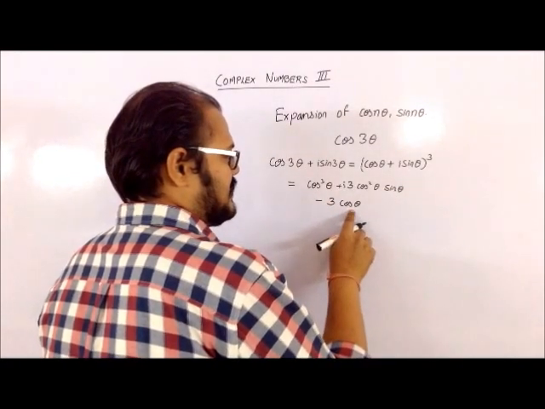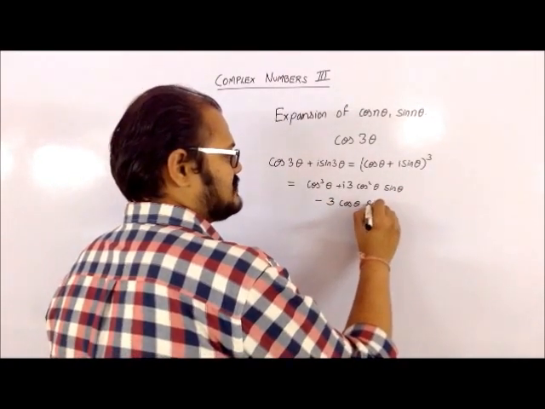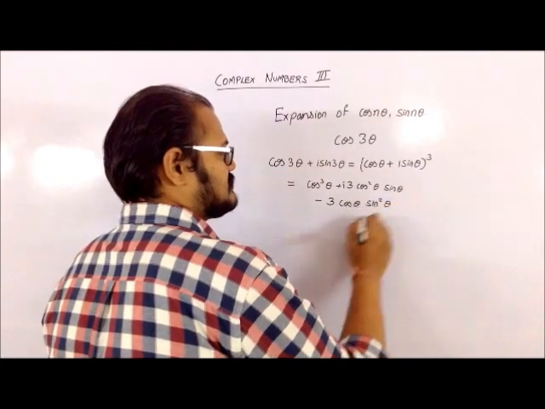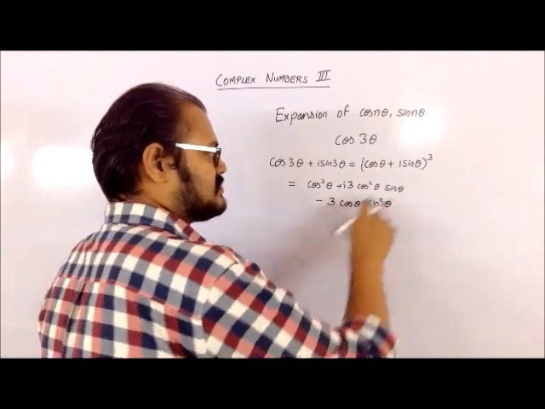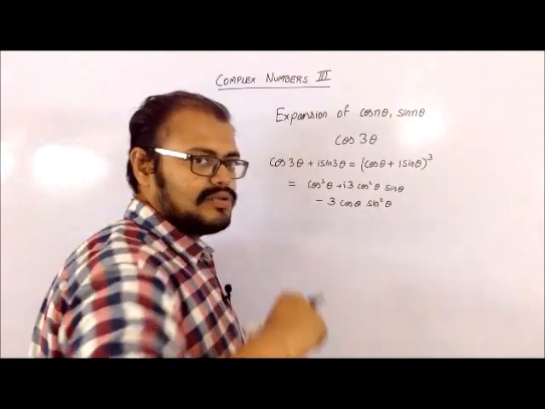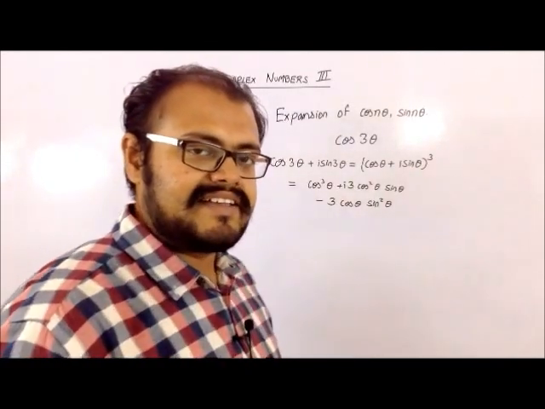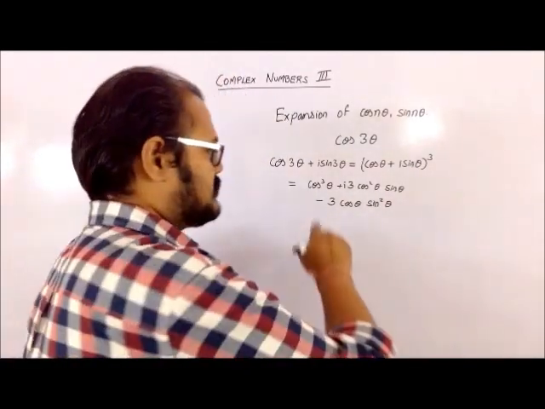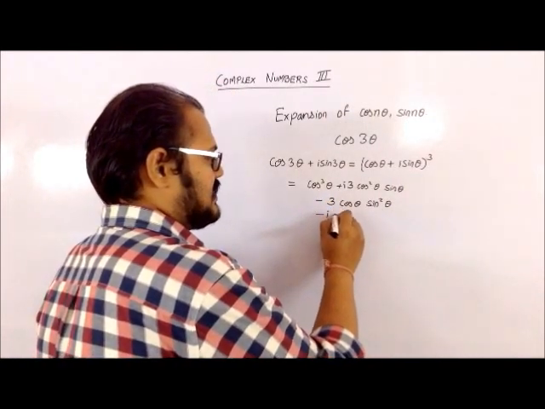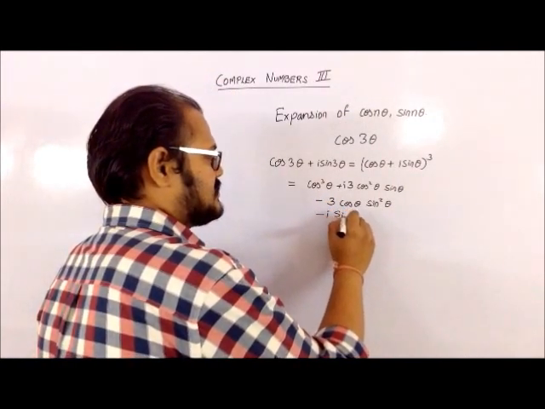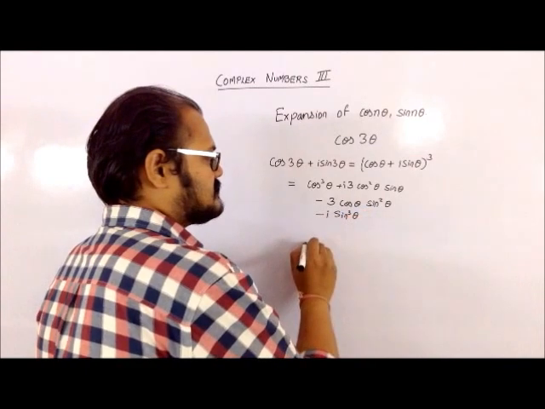So it's getting me minus 3 cos theta sin square theta. And the last term is going to be (i sin theta) the whole cube. Now i cube is minus i, so I will have the last term as minus i sin cube theta.